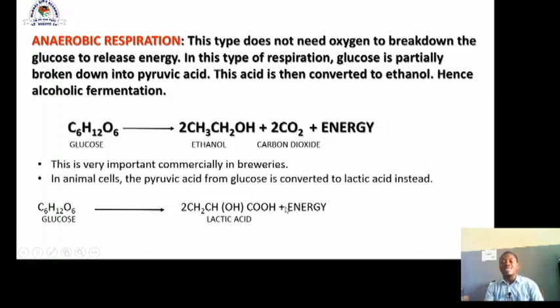And this lactic acid is what makes an athlete fatigued. An athlete after a heavy-duty exercise will be complaining of pains around the joints and the muscles. What is making that pain? There is the accumulation of lactic acid. Look at the equation. Glucose is being converted to lactic acid. This lactic acid is different from the ethanol here, and then plus energy.